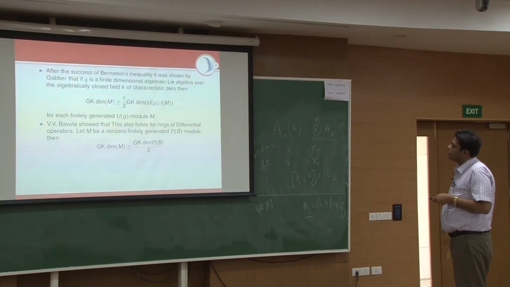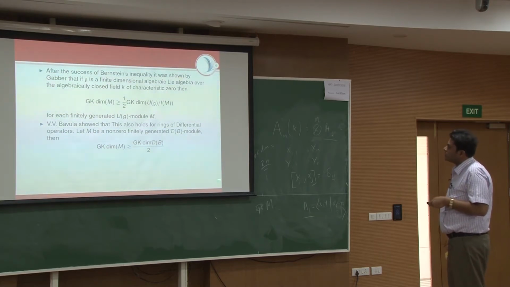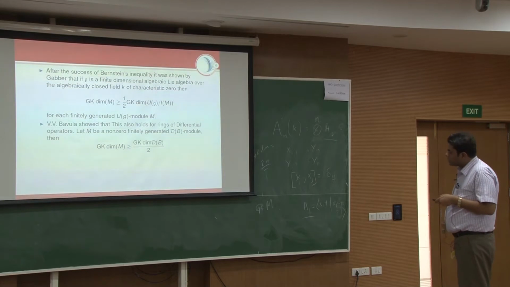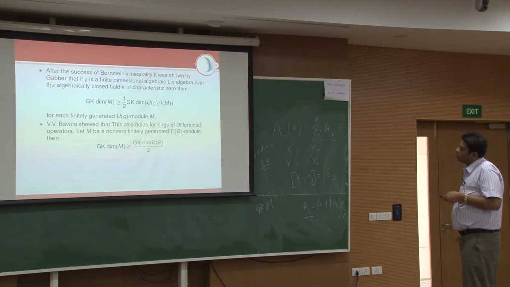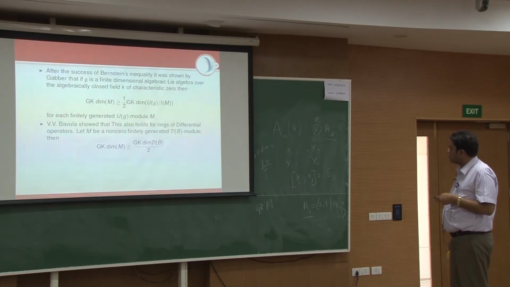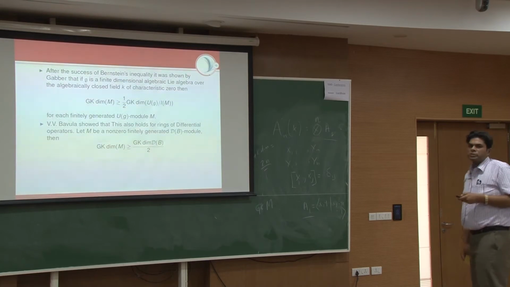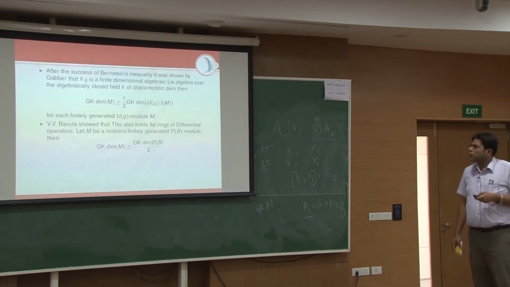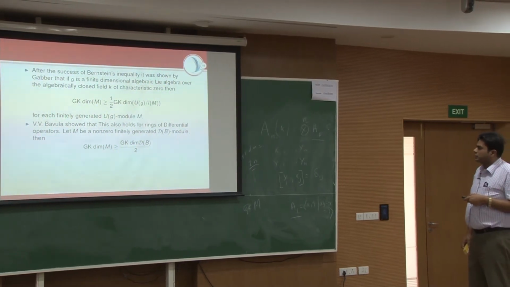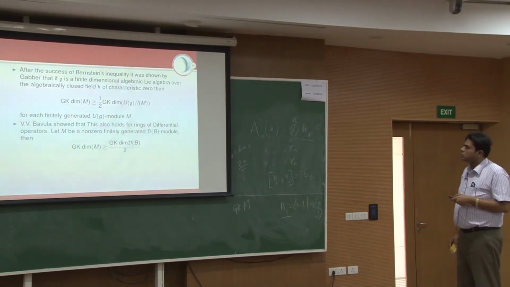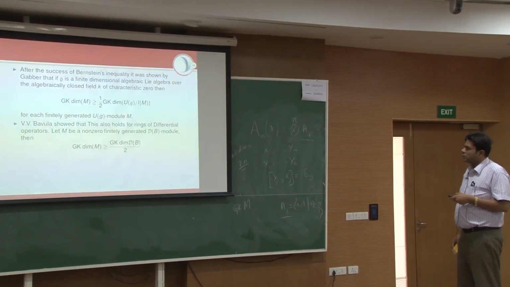Now, the question is, what is the use of this inequality? First thing is that in the case of Weyl algebras, modules over Weyl algebras open the door to a new theory, which is called the D-module theory, as you know. That theory has applications to partial differential equations.